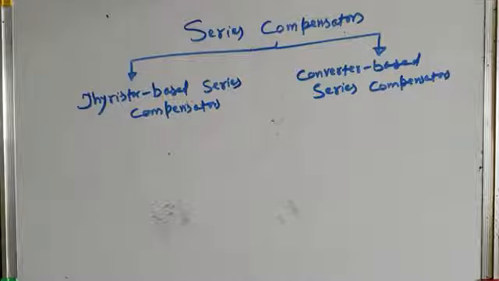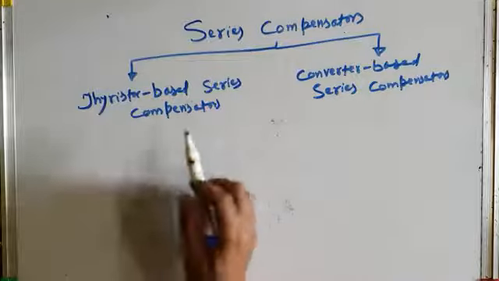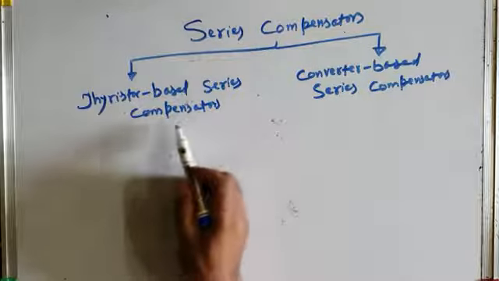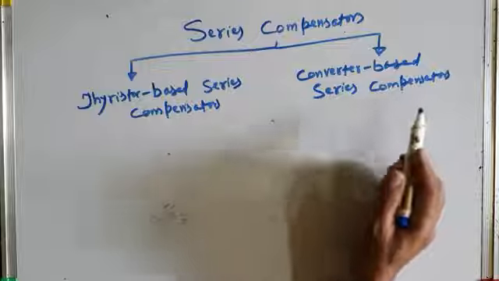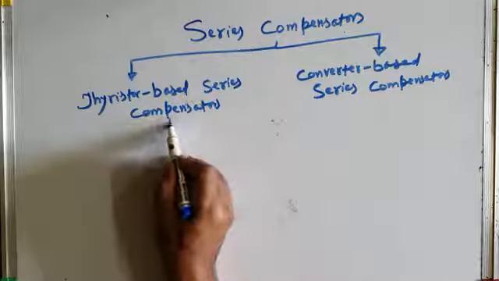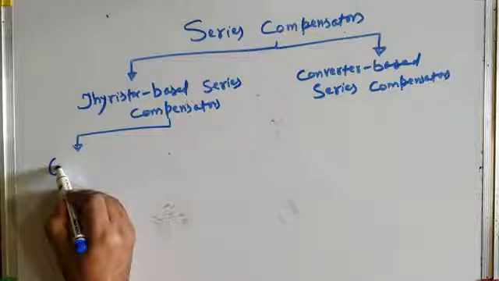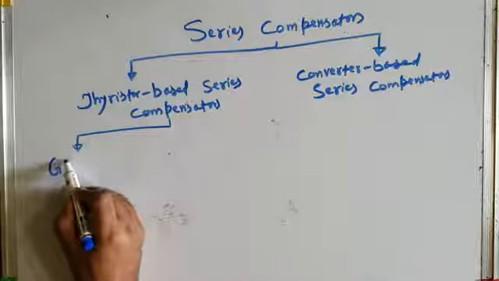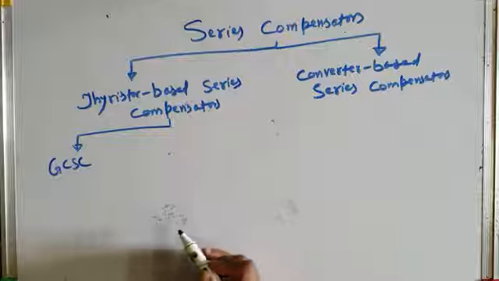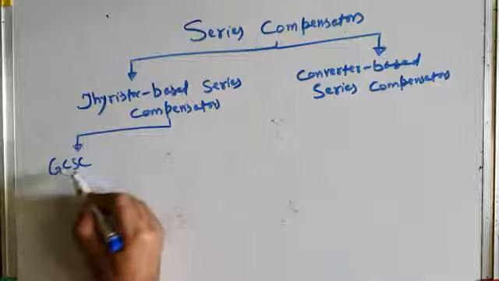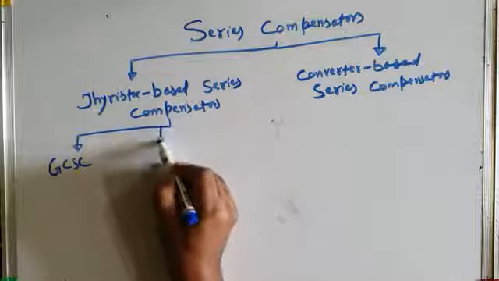For example, in case of shunt compensators, we have thyristor based shunt compensator like SVC, and converter based shunt compensator like STATCOM. Similarly, series compensators are classified into thyristor based and converter based. Thyristor based series compensators we have already discussed, like GCSC, that is GTO controlled series capacitor.